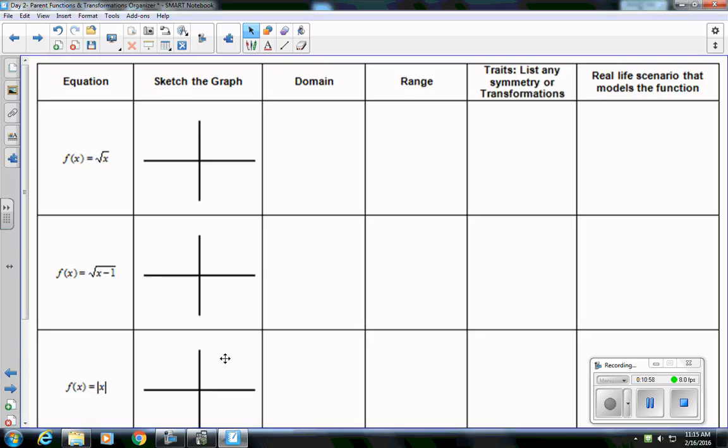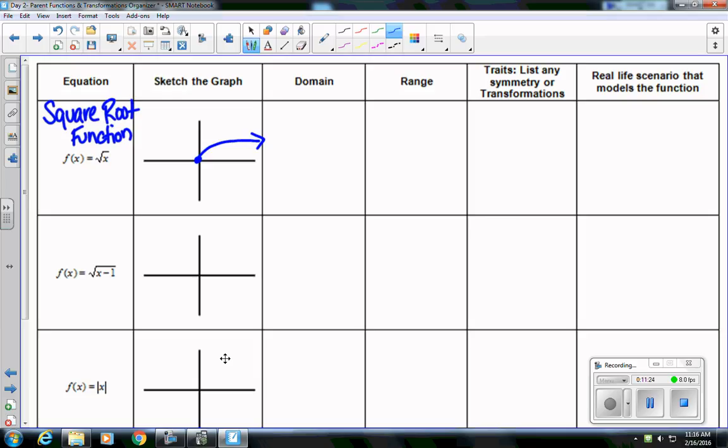So we have f of x equals the square root of x, and this is our square root function. Because there are no transformations happening, this is our parent function for the square root. And our square root function looks like this.